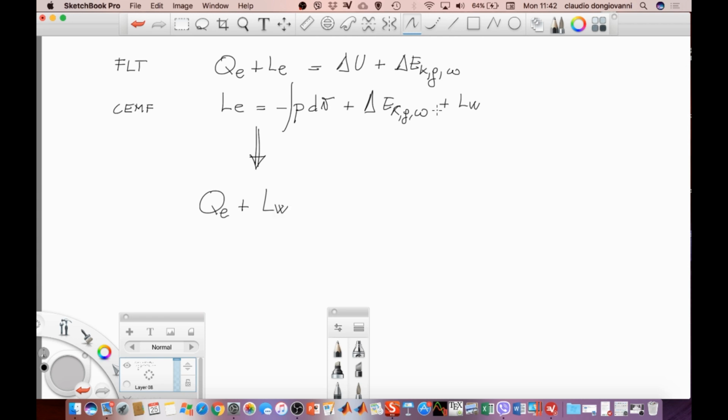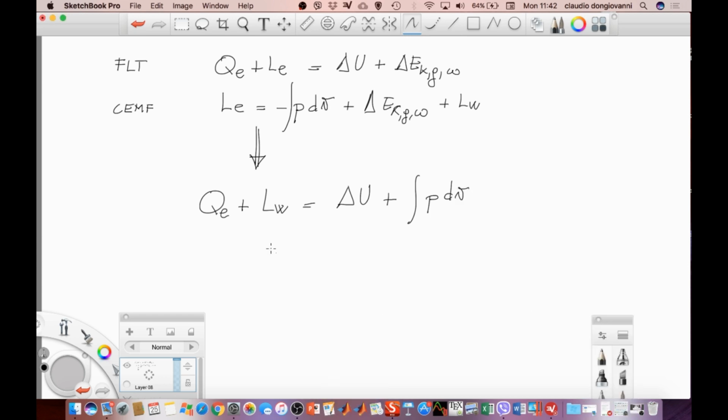Then you can simplify the variation of kinetic energy, etc. You only have delta U plus the integral of P dV. In differential form, it is more useful: dQE plus dLW equal to dU plus P dV.